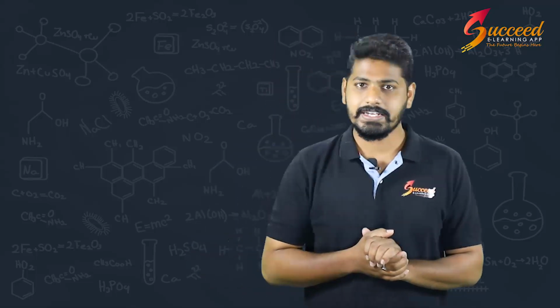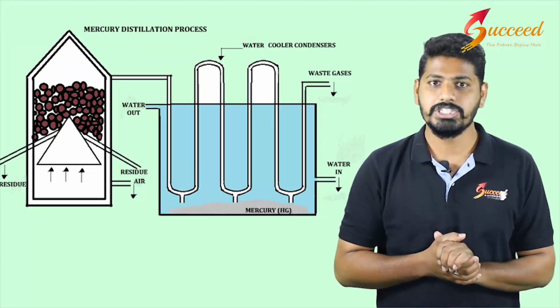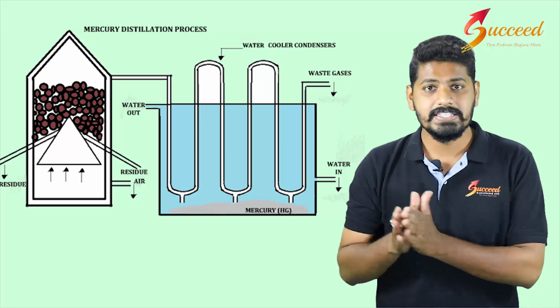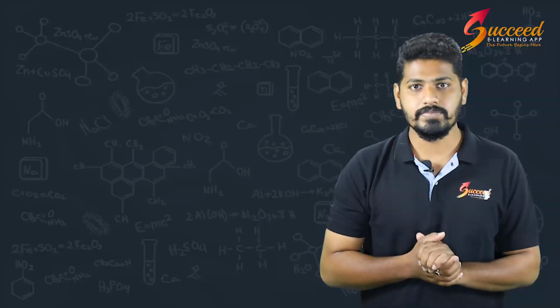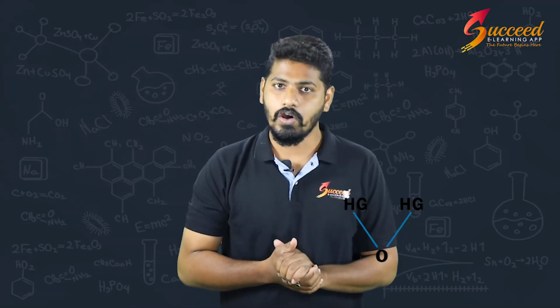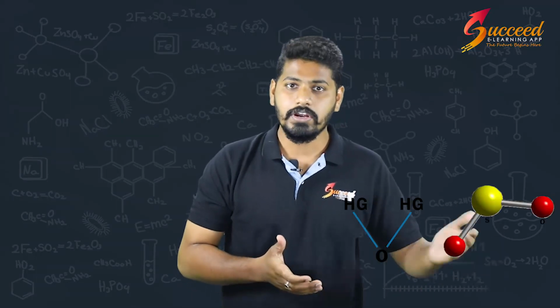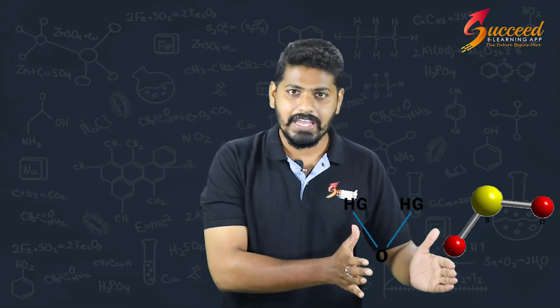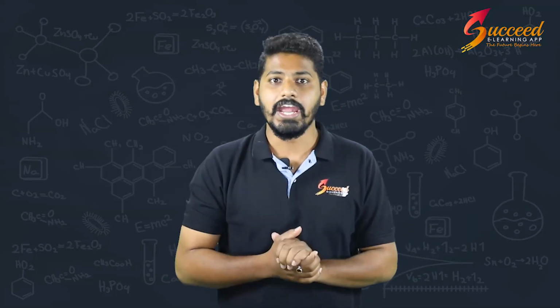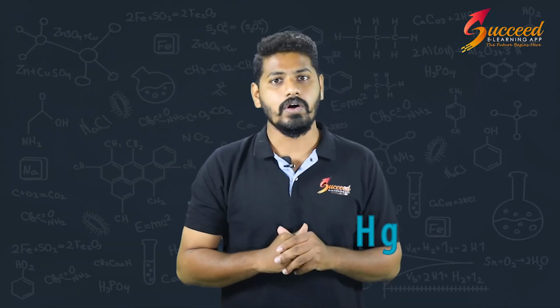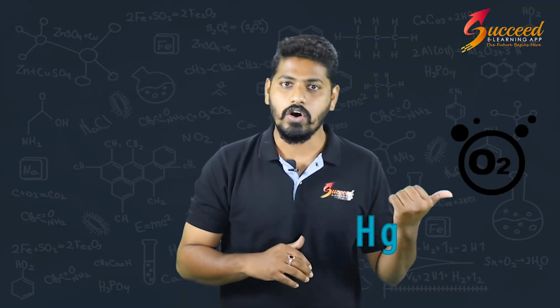Example, extracting mercury from cinnabar. When the cinnabar is heated in the presence of oxygen, it forms mercury oxide along with the formation of sulfur dioxide. The mercury oxide which is formed, when it is heated further, forms mercury, and along with that it releases oxygen.